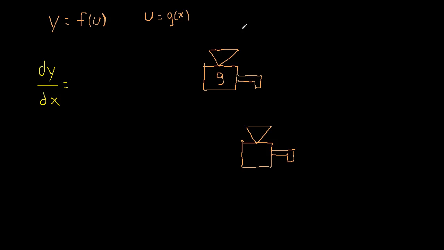The independent variable x is going to get plugged into this first function, g. A u will come out of that, and then that u will get thrown into our other function that we call f. And what comes out of f? Hopefully you said a y.